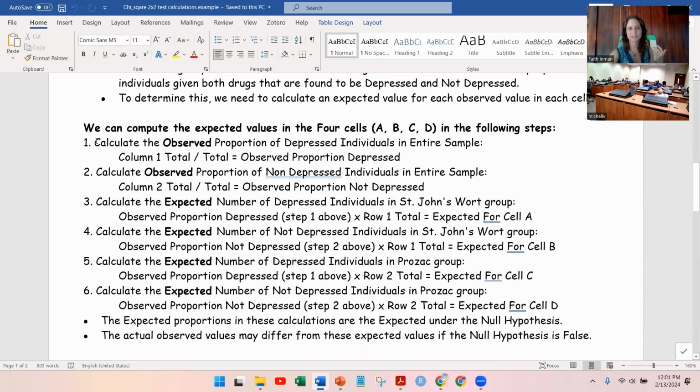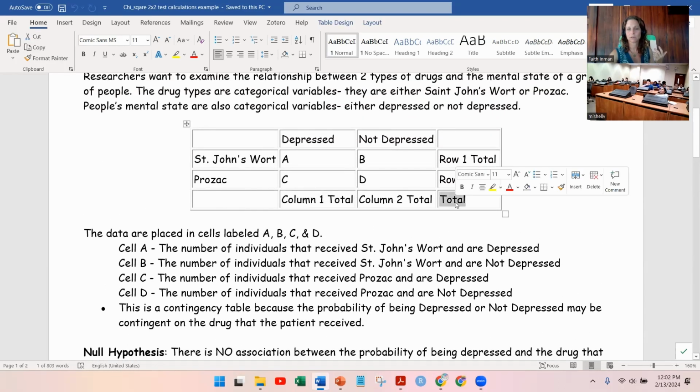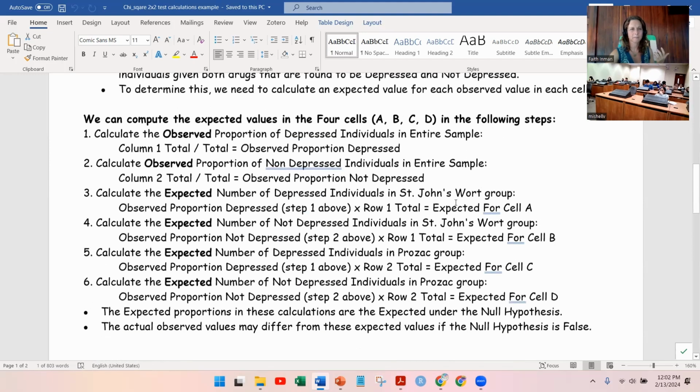So here it tells you to calculate the observed proportion of depressed individuals as the column 1 total divided by the total. That's your observed proportion depressed.